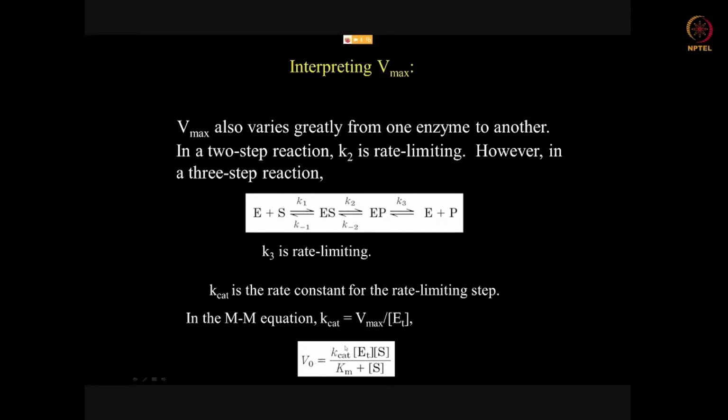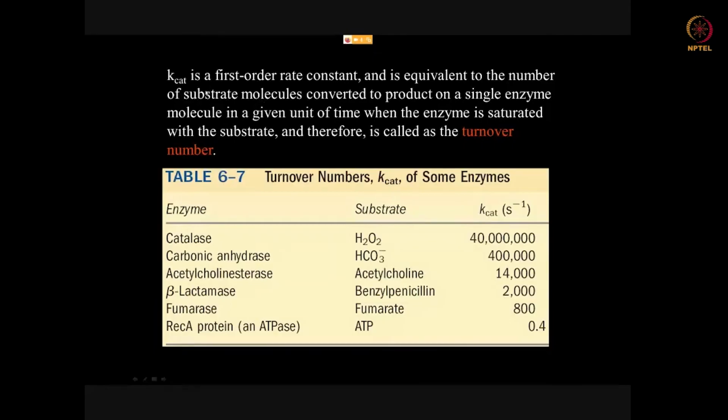And this term Kcat indicates the number of substrate molecules that is converted into product on a single enzyme molecule when the substrate is at a limiting, saturating concentration. Okay, so that is another definition.